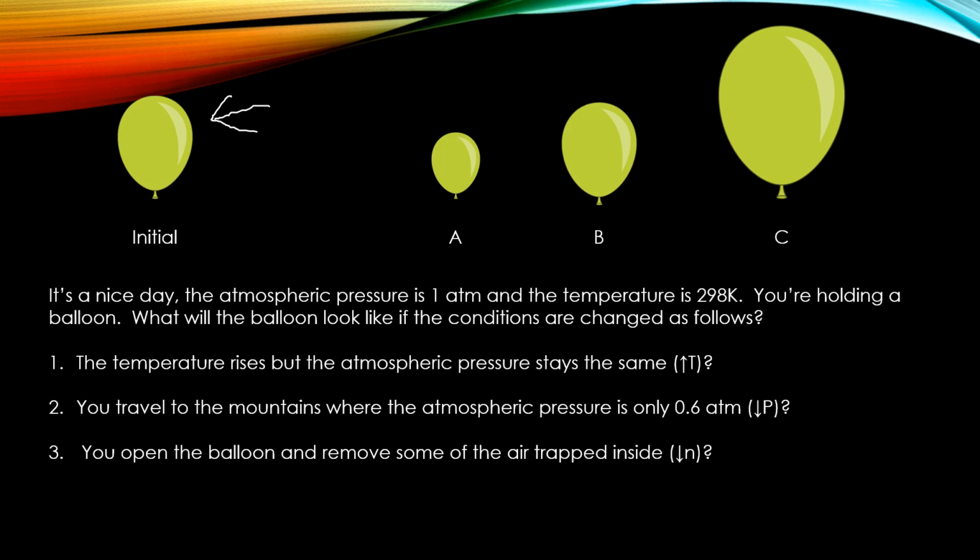How do I know that? Well, let's just look at PV equals nRT. So we've got PV equals nRT. Oh, so by the way, the answer is A.